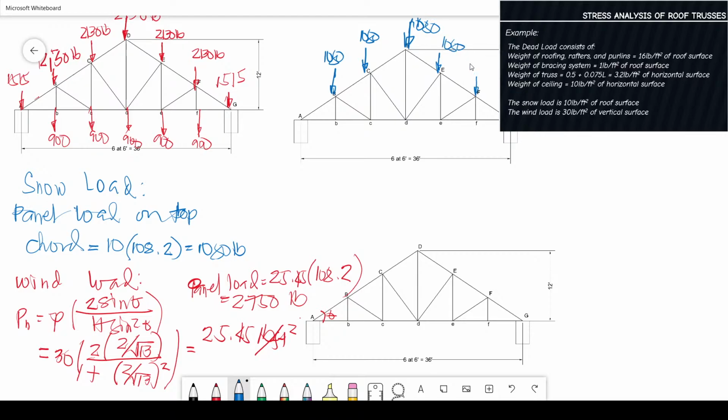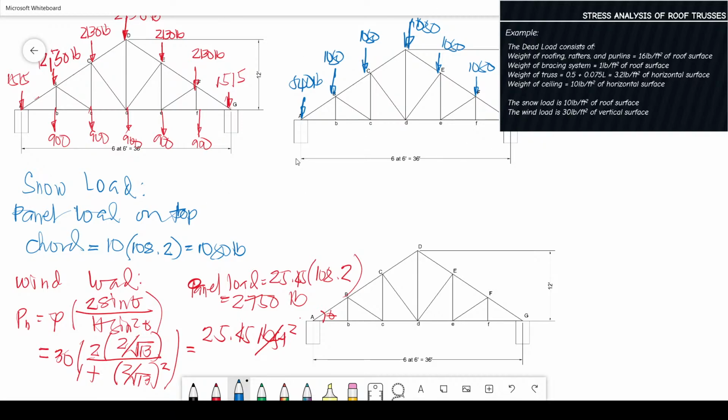Then 1080 divided by 2 is 540. That's all, in pounds. So again, panel load on top chord. We have no bottom chord load.